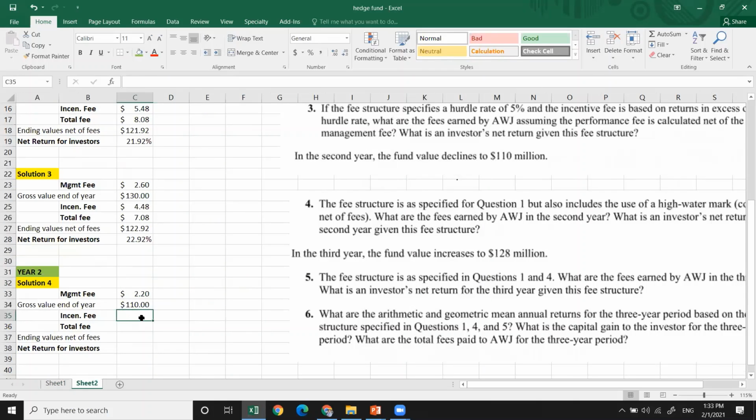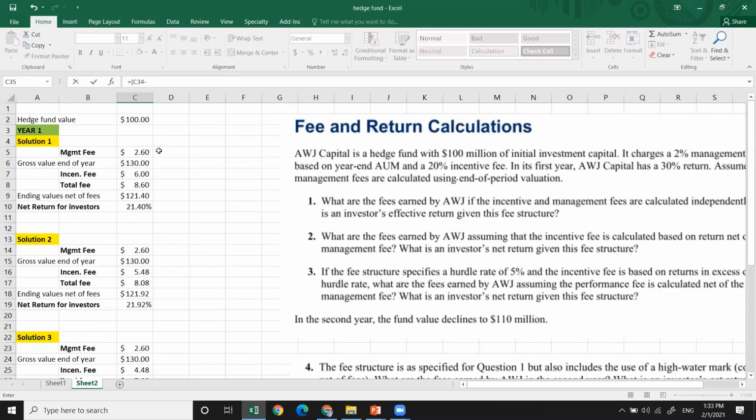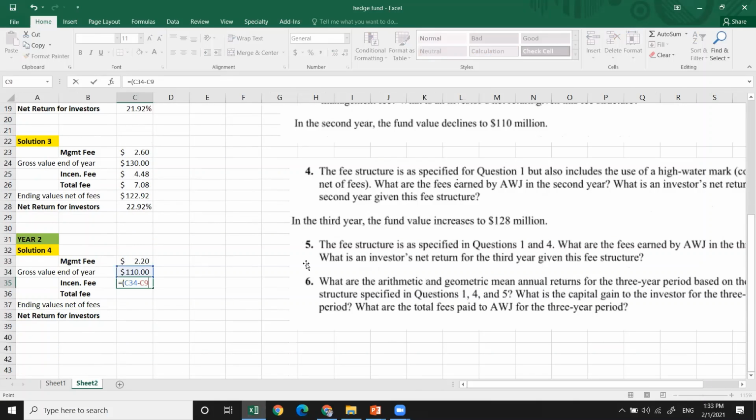Now, let's come back here. No hurdle rate, no management fee, only ending value, which is 110, minus beginning value of year 1. So which one do I have to use: 121.40, or 100, or 130? 121.40. And multiplied by 20%.